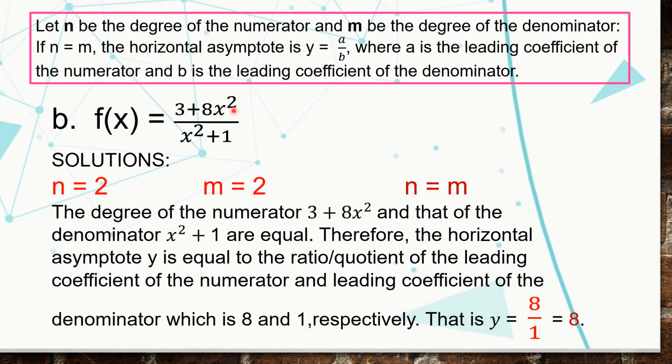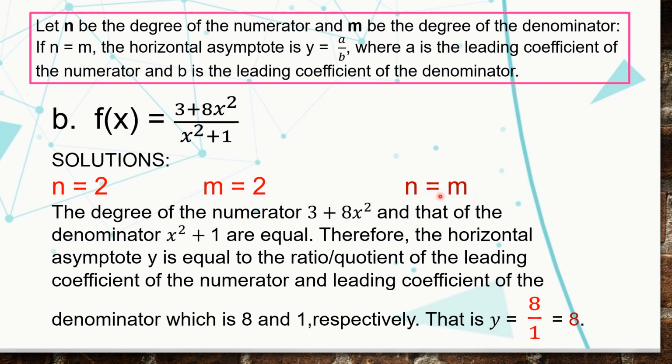I repeat, degree is the highest exponent. So, ang value natin ng n ay equals 2. So, sa denominator naman, the highest exponent, so ang degree natin ay 2. Yan yung ating m. So, kung papansinin natin, itong value ng n at m natin ay pareho.